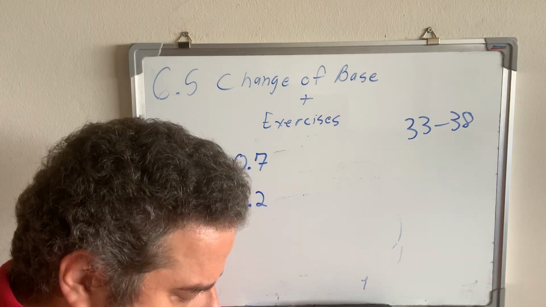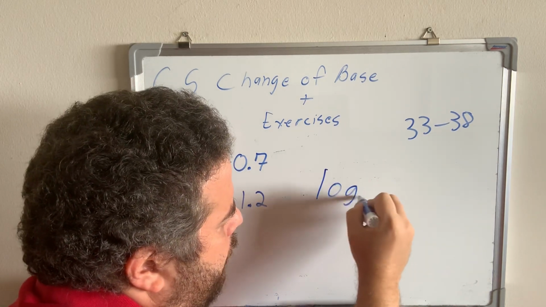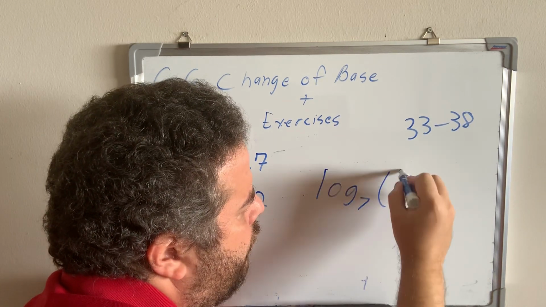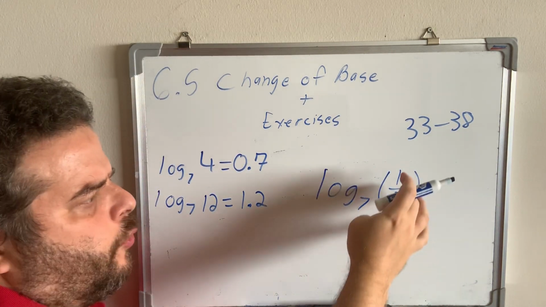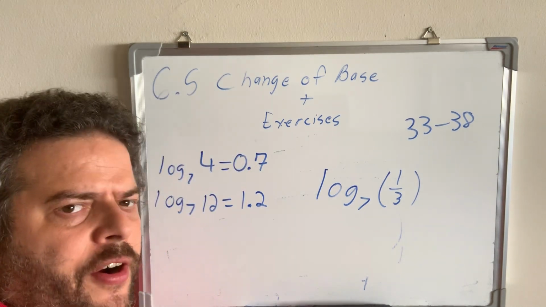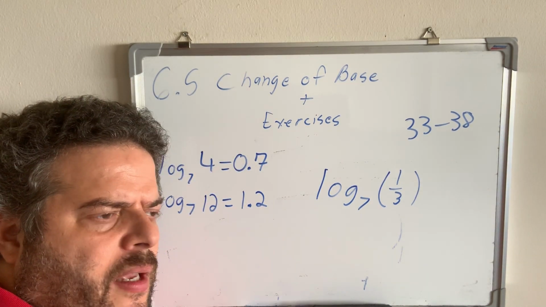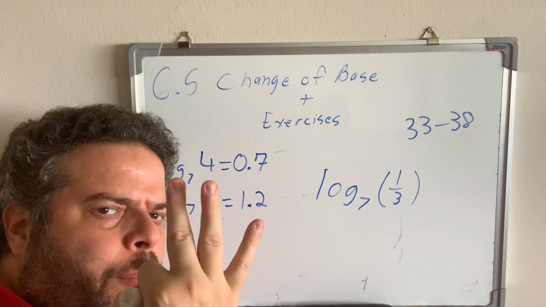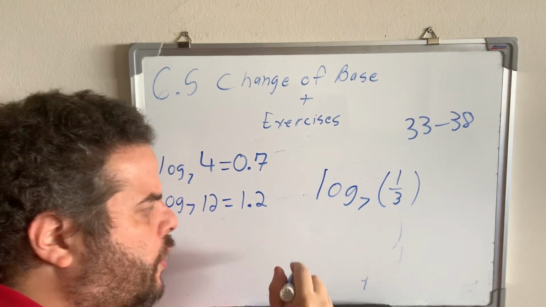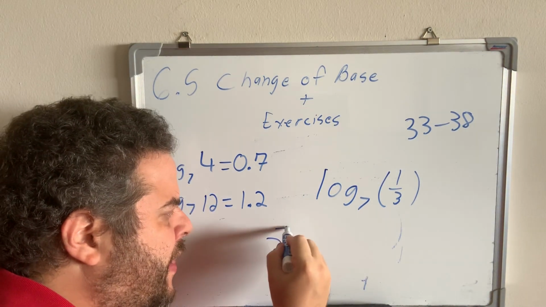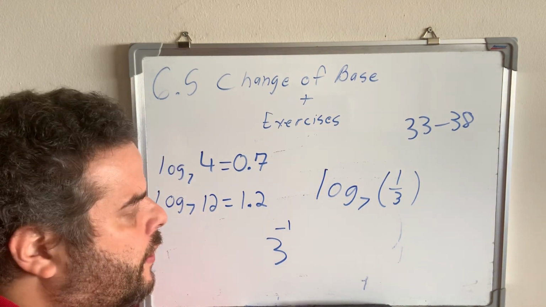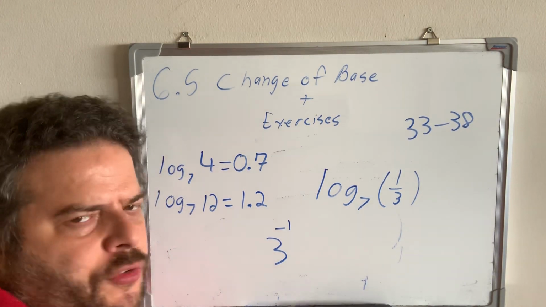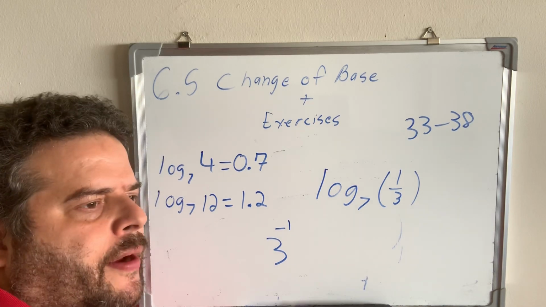Let's do the last one. Log base 7 of 1/3. Again, there's no way to directly end with 1/3, but in a previous example, we ended up with 3. So if I elevate that number to the -1, well, there's two ways to do this, actually.